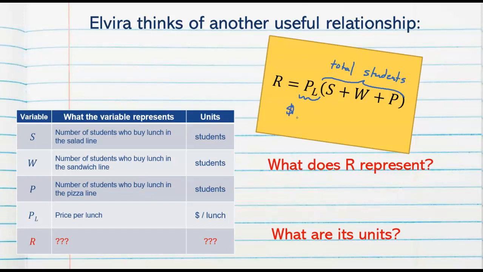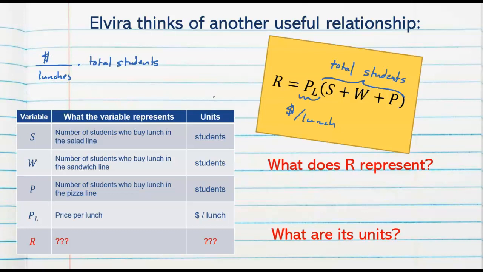We called that dollars per lunch. So if we multiply those together, dollars over lunches, and we multiply that by total number of students, well, nothing's going to cancel, unfortunately.